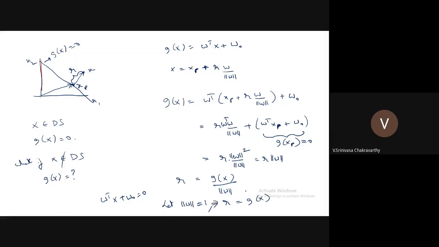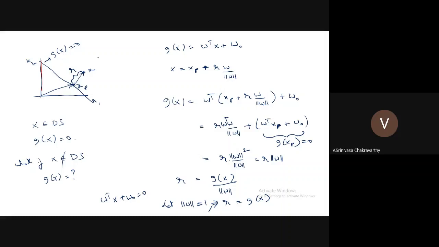So what are we saying here? Given a point which is not on the decision surface, this hyperplane, it is away from it, and the distance is given by g of x. Just plug that point into the expression of the discriminant function.